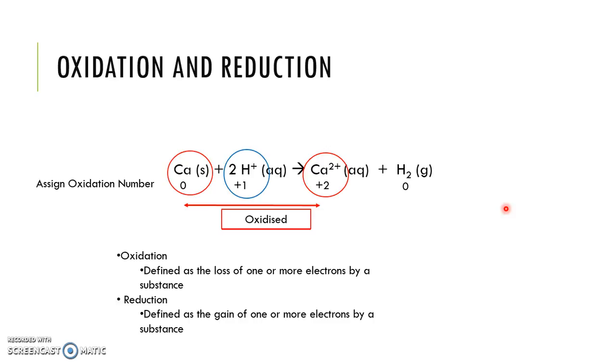For hydrogen, the oxidation number changed from +1 to 0. This means that hydrogen has gained electrons, and gaining electrons means the substance has been reduced. So as you can see, in a redox reaction, one substance must be oxidized and the other substance must be reduced.